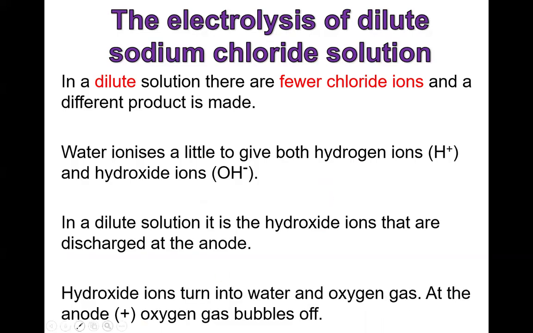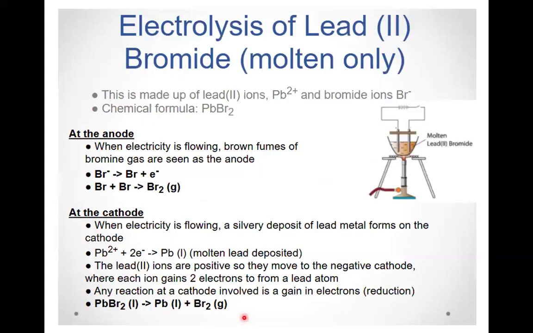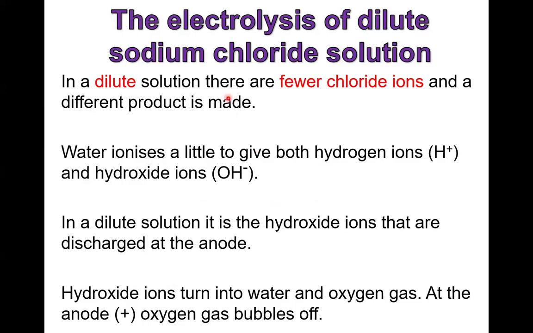Hydroxide ions turn into water and oxygen gas at the anode, and oxygen gas bubbles off. So this is the difference between the electrolysis of dilute and concentrated sodium chloride solution. The product at the cathode remains the same.